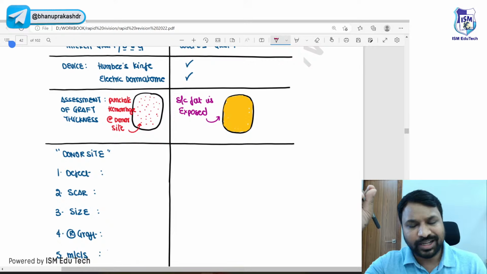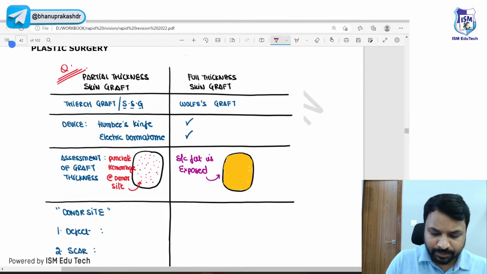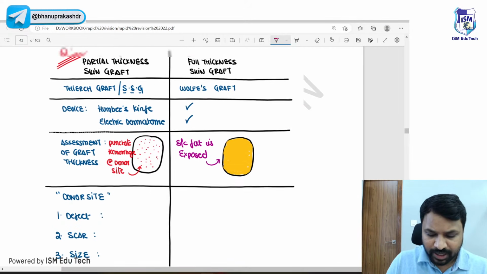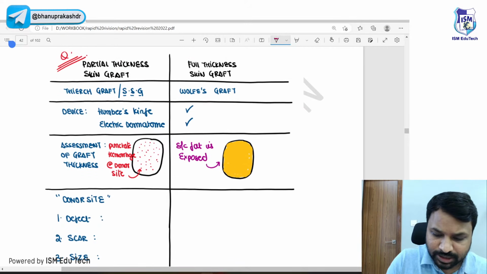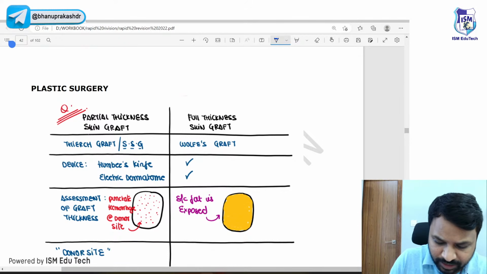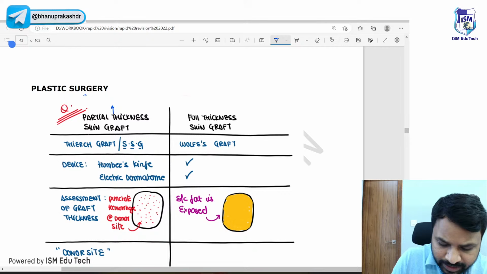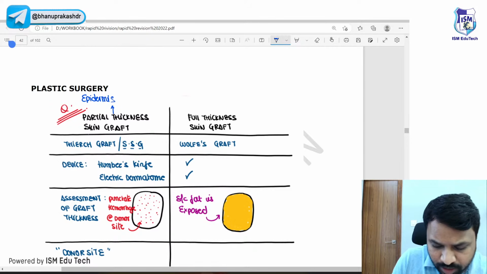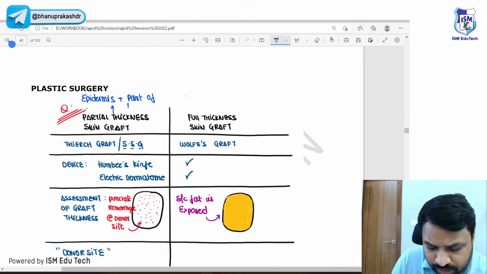How do you know that you've taken the correct thickness? In a partial thickness skin graft, I will take the entire epidermis of the skin, along with a part of the dermis.